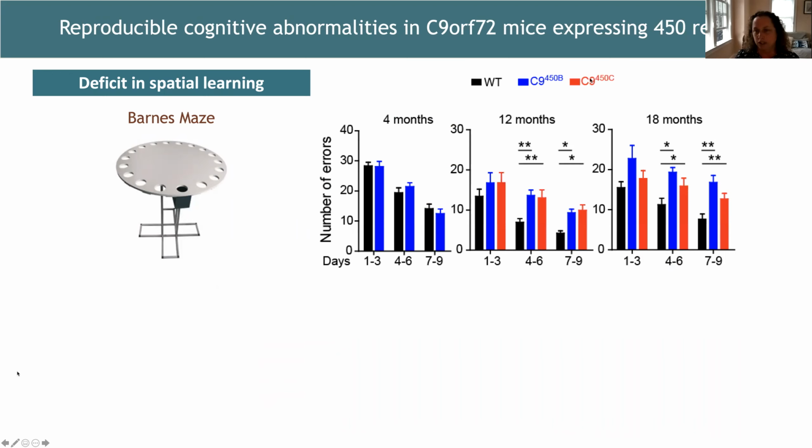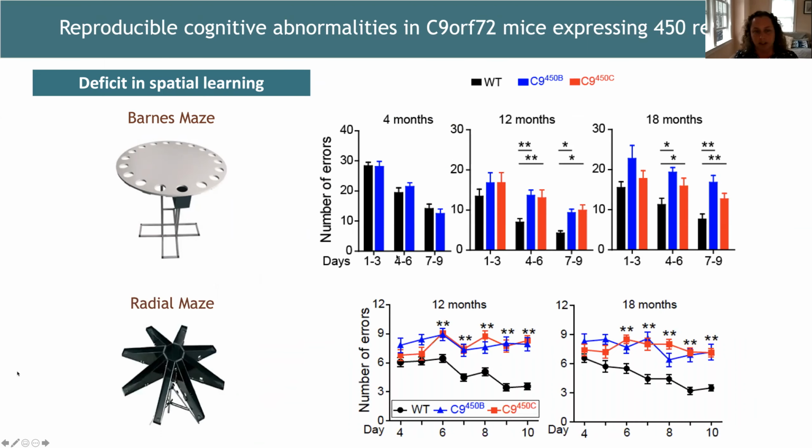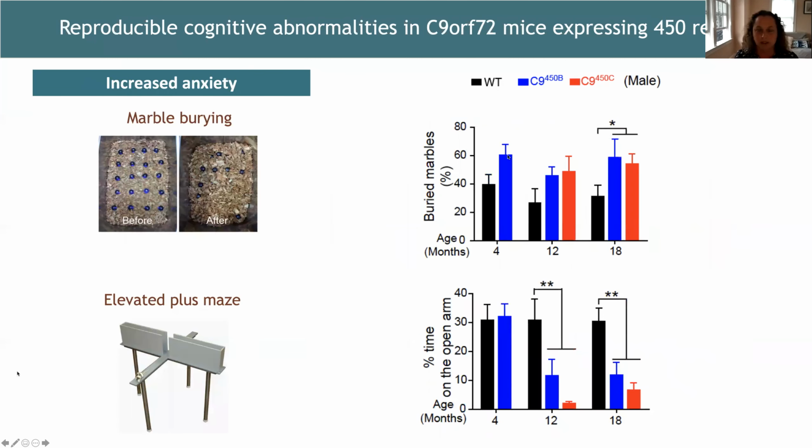We have seen that actually in two different transgenic lines, where the mice find this black box less easily than the wild-type mice. This deficit in spatial learning was confirmed using a radial maze. Again, the two transgenic mice are deficient in this task. There is also apparently an increased anxiety that is seen by marble burying and elevated plus maze in these mice.